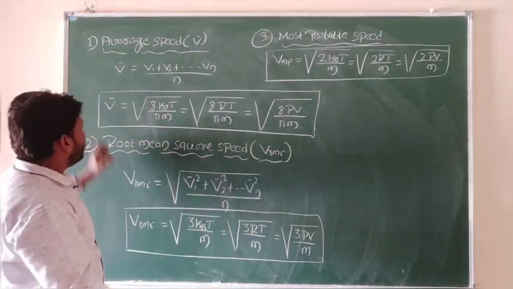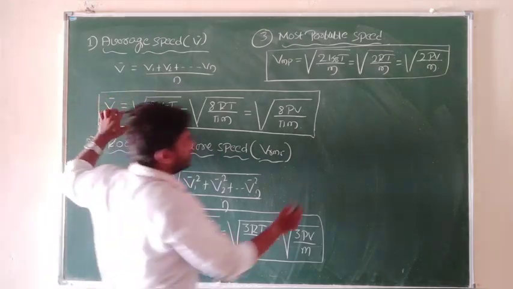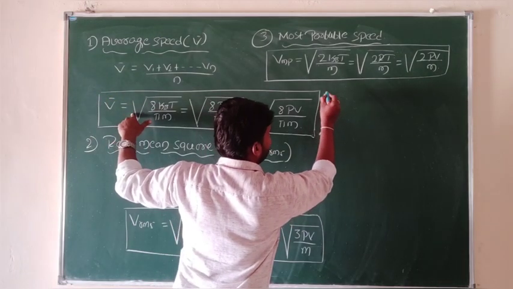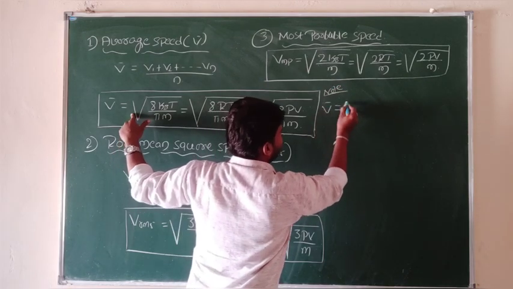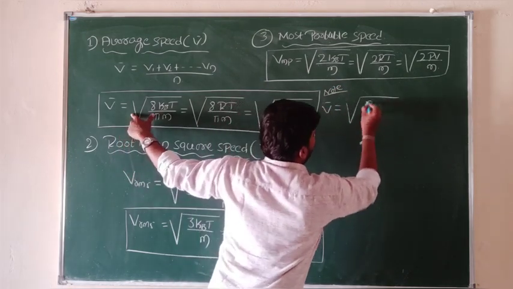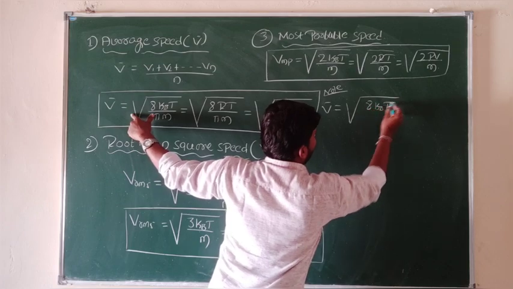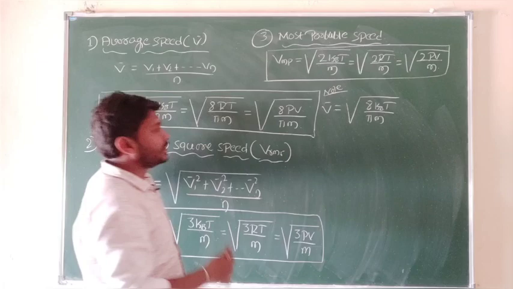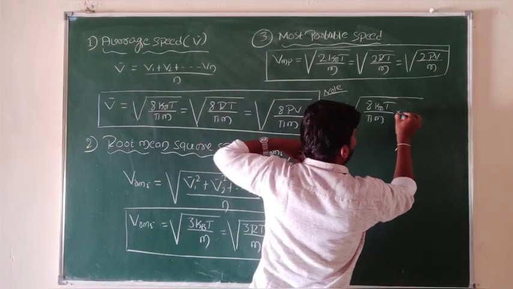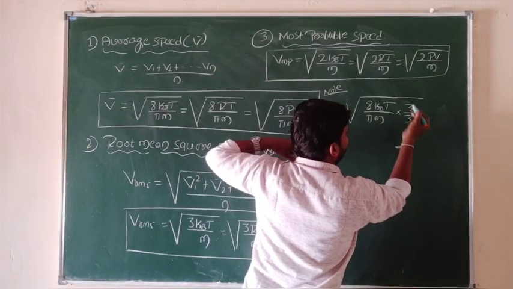So look here, I will make use of this equation. Average speed, which is equal to the square root of 8 times kB into T divided by pi into m. To this equation I will multiply and divide by 3.